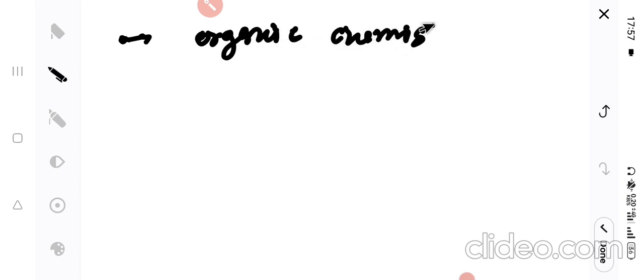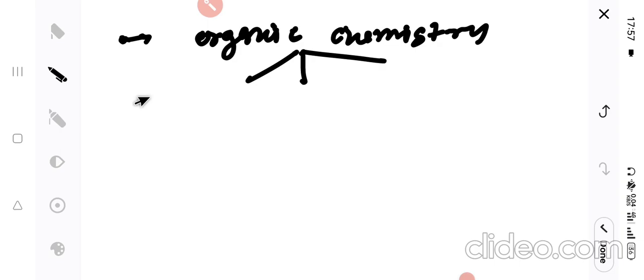Here you can see that in organic chemistry there are three types of processes by which an organic reaction may occur.